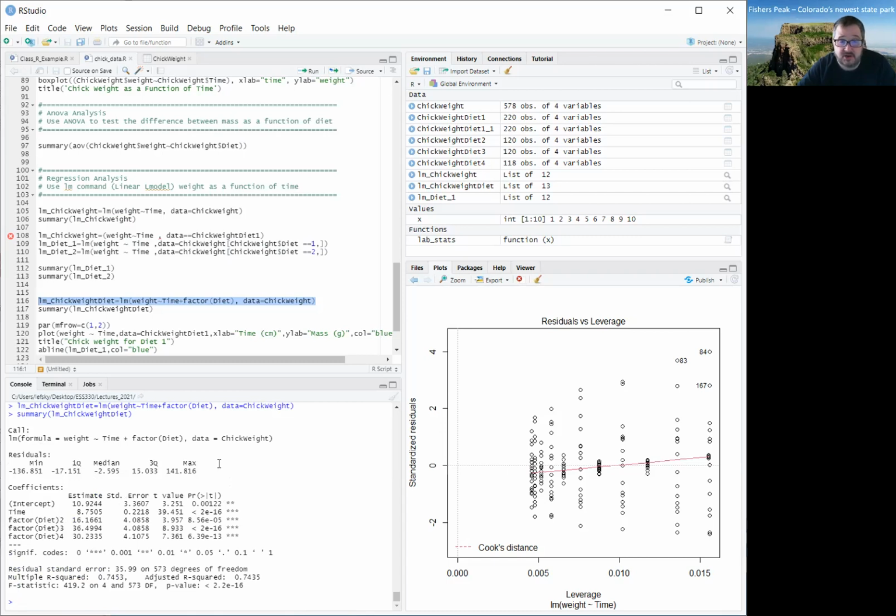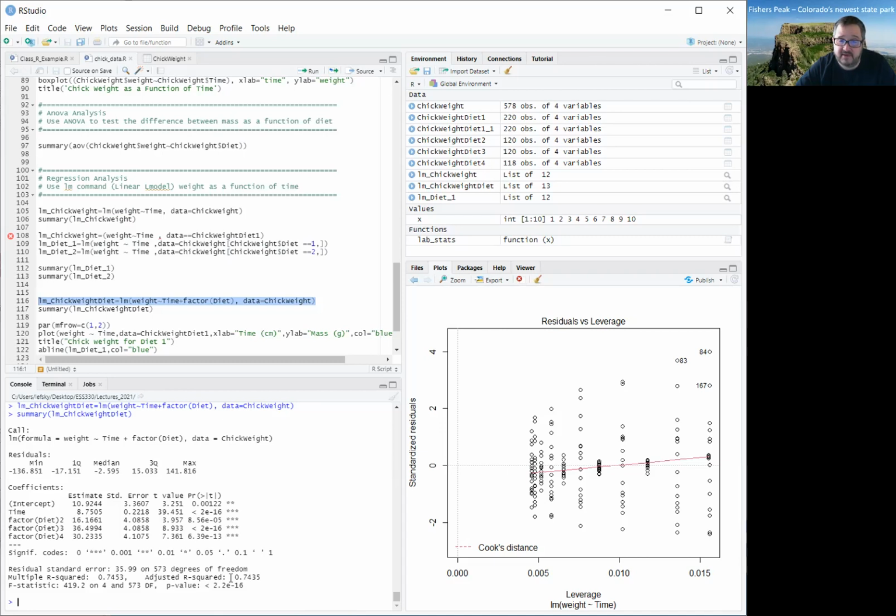Okay, so now we're looking at the results for the model including both time and diet. And what do we see here? The first thing you might look at is just the adjusted R squared right here.